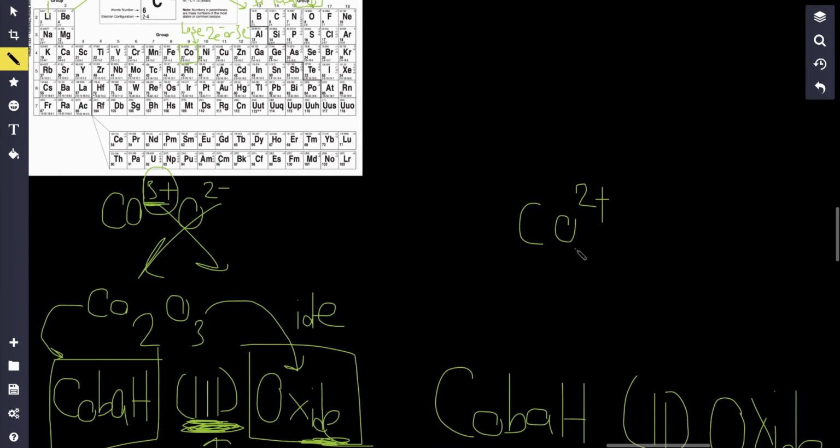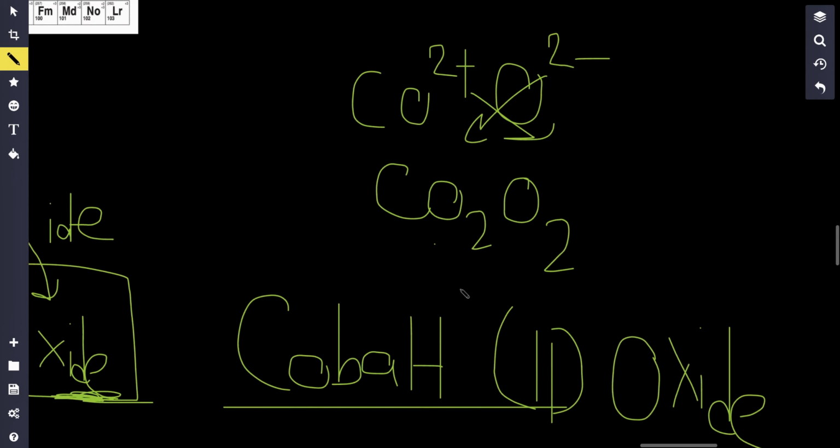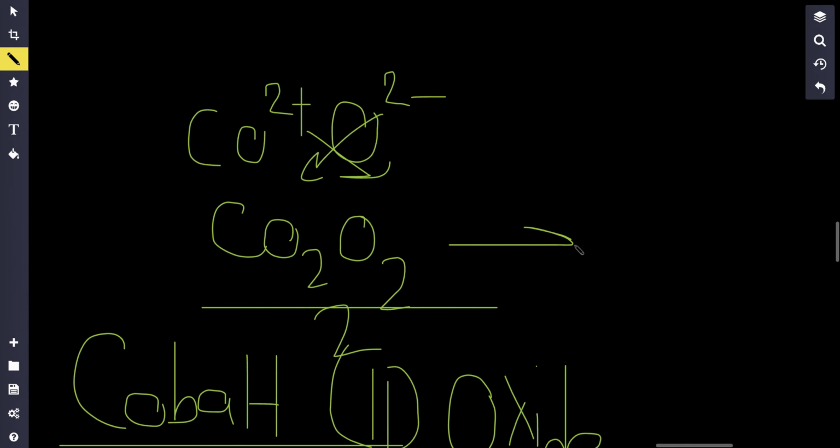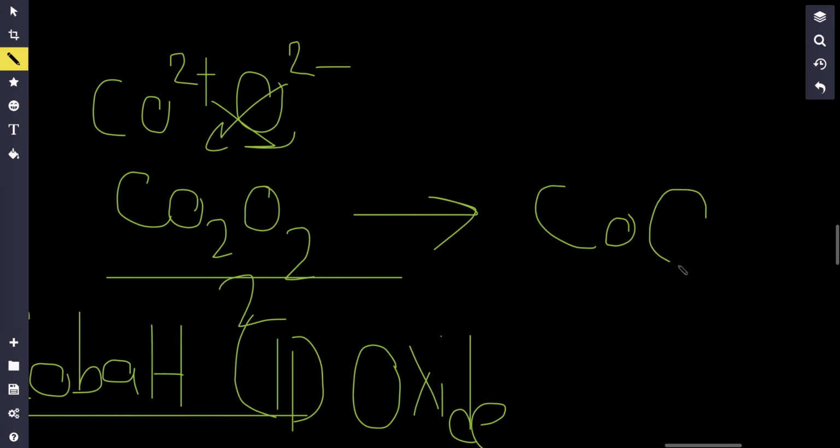It wants to form an ion with a 2 plus charge, while oxygen wants to gain 2 electrons from the cobalt. Do the crisscross and you're going to get Co2O2. Now we can simplify this, because remember, ionic compounds need to be in the simplest form. If I divide everything by 2, I know it seems a little bit cursed, but we would get just CoO.